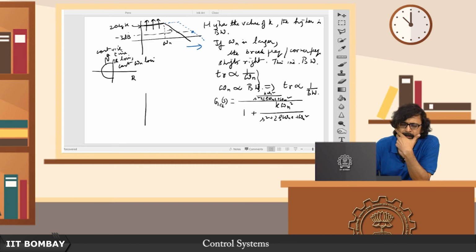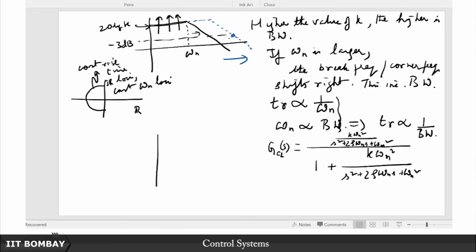That is obvious, no? Just like shifting omega n to the right increased your bandwidth, if you lift this plot, the corner frequency does not change, but because of this lifting up, the plot also automatically shifts a bit to the right. Therefore the point where this minus 3 dB line intersected has also moved to the right. So this is also an observation.